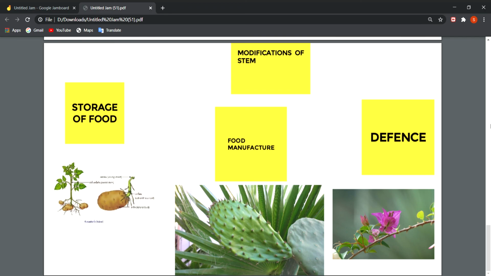The stems of some plants are modified to perform some additional work besides support and conduction, and these are called modifications. Let us study some modifications. The first modification is storage of food. The stems of some plants like ginger, onion and potato develop underground.